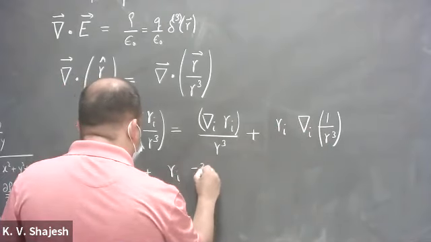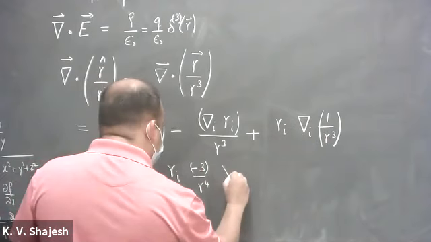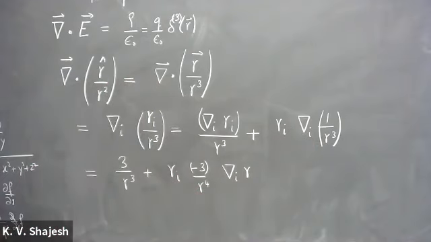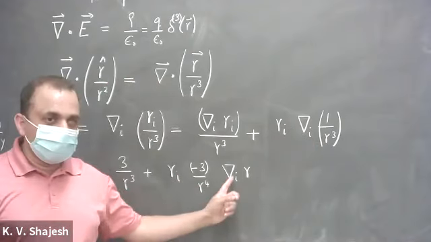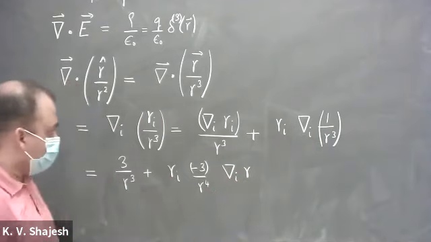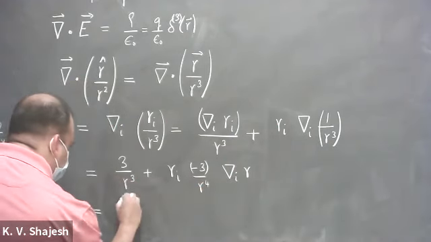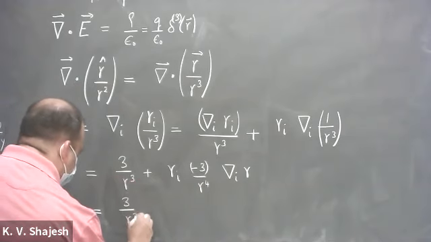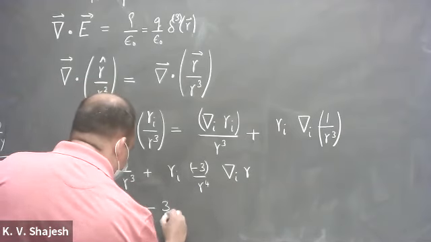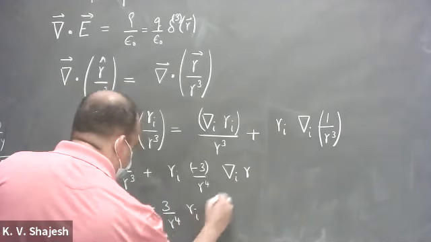So this is minus 3 over R raised to 4, and then del i of the magnitude of R. That's a gradient of a scalar. And what is that equal to? R hat, right? But I want to write it as i, so this is equal to 3 over R cubed minus 3, that is 1 over R raised to 4, that is Ri, and this is Ri hat.